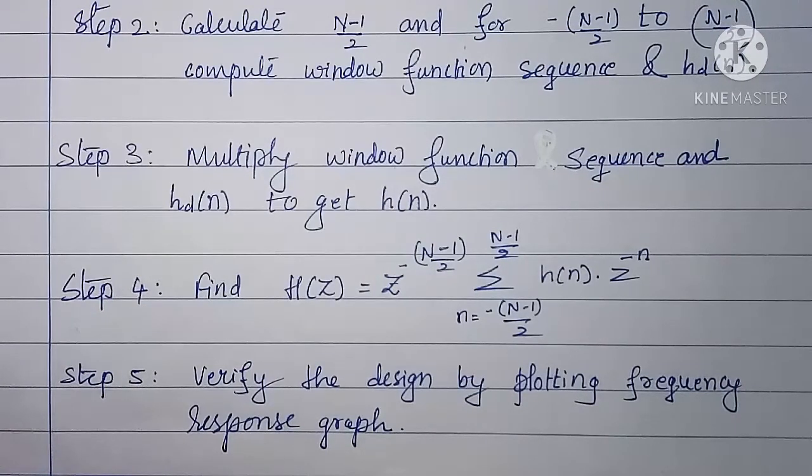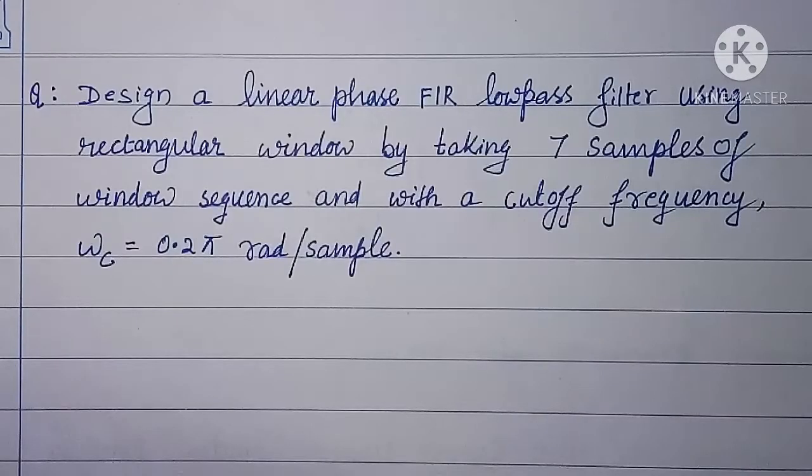Now we will take one problem based on designing of a FIR filter using rectangular window. Design a linear phase FIR low pass filter using rectangular window by taking 7 samples of window sequence and with a cutoff frequency omega c equal to 0.2 pi radian per sample.